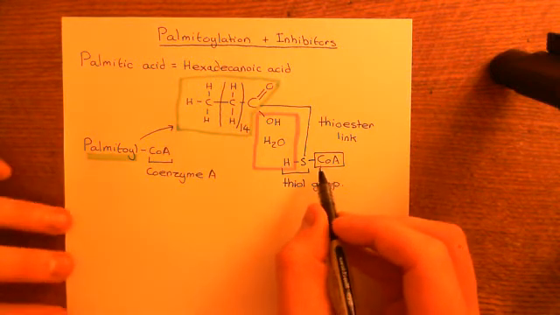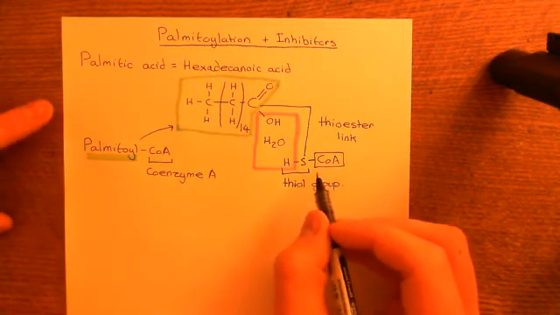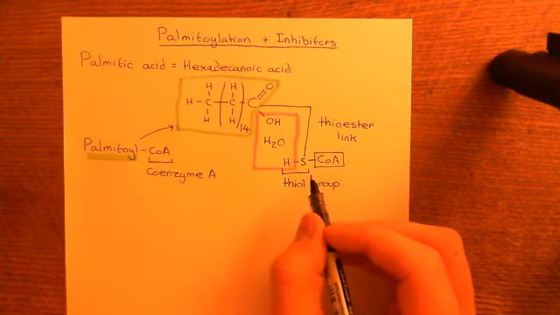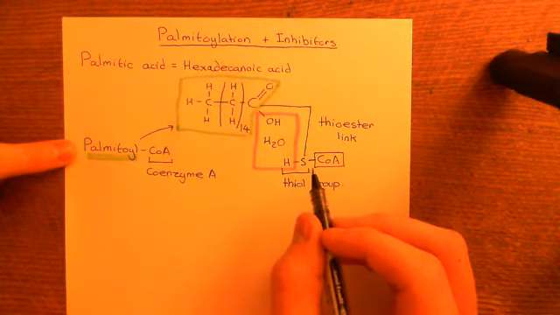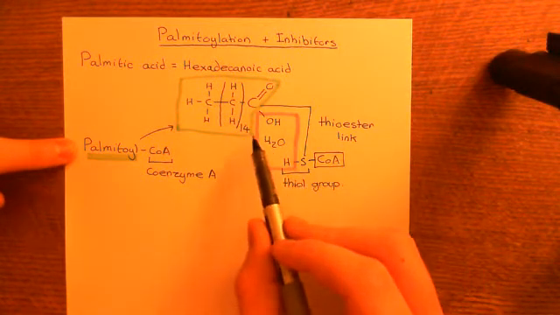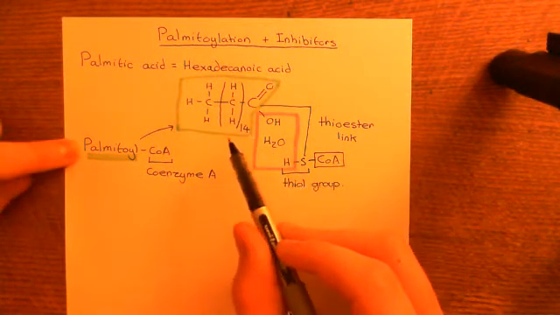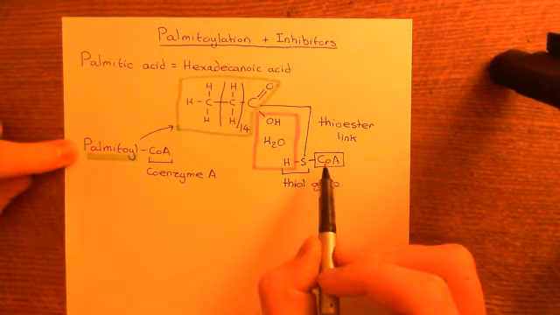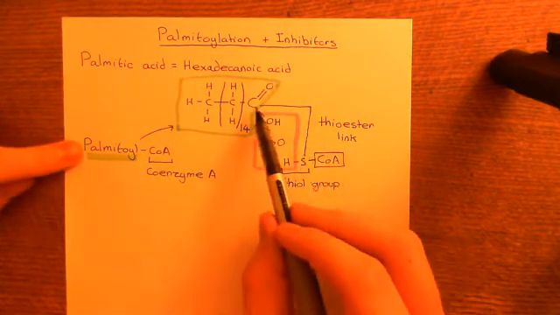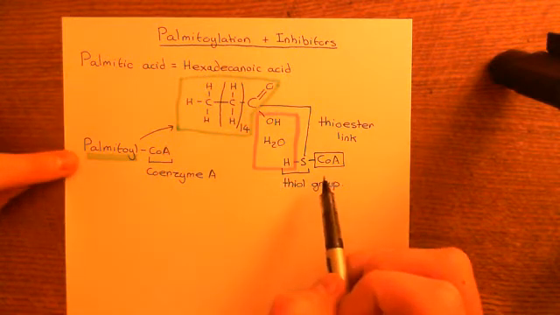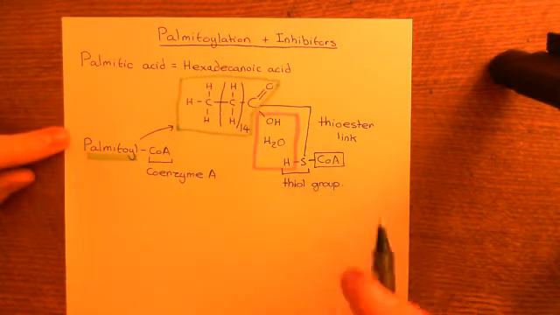Okay, right, so let's now discuss palmitoylation of proteins, and it's going to involve this substrate here, palmitoyl coenzyme A, because we're not just going to take a palmitic acid molecule and add it onto proteins. Instead, we're going to use palmitoyl coenzyme A, and we'll transfer the palmitoyl group off of the coenzyme A molecule and onto the protein.